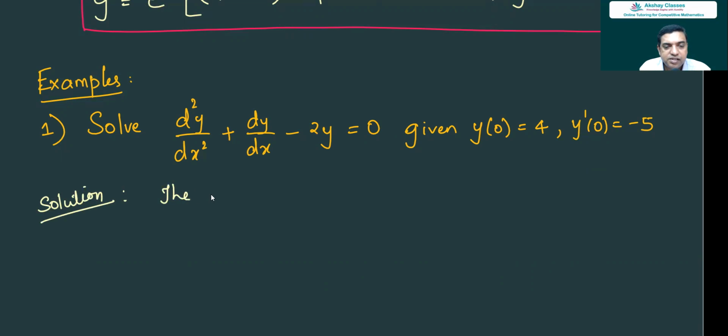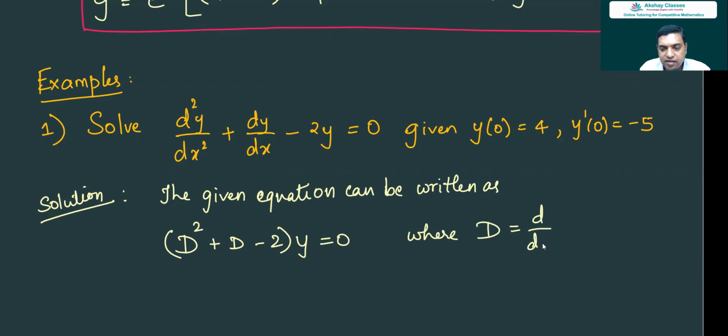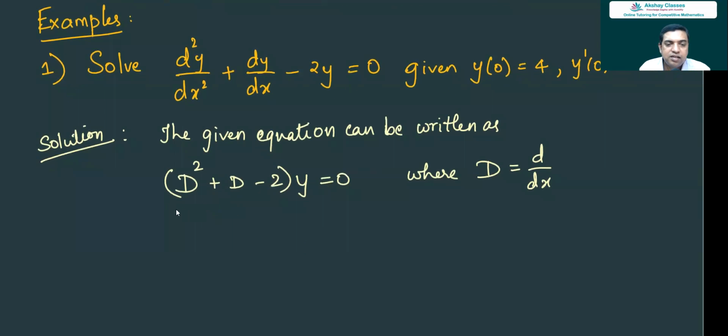The given equation can be written as D square plus D minus 2 times y equal to 0, where D is d by dx. So this is the auxiliary equation.